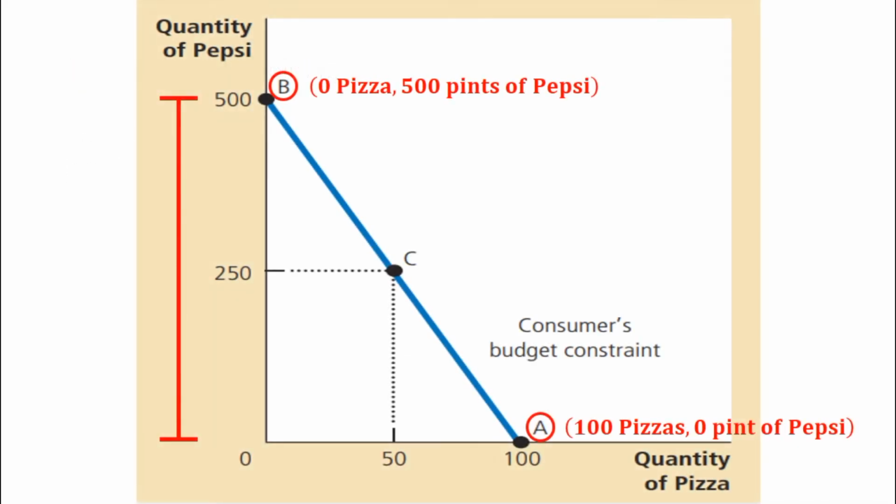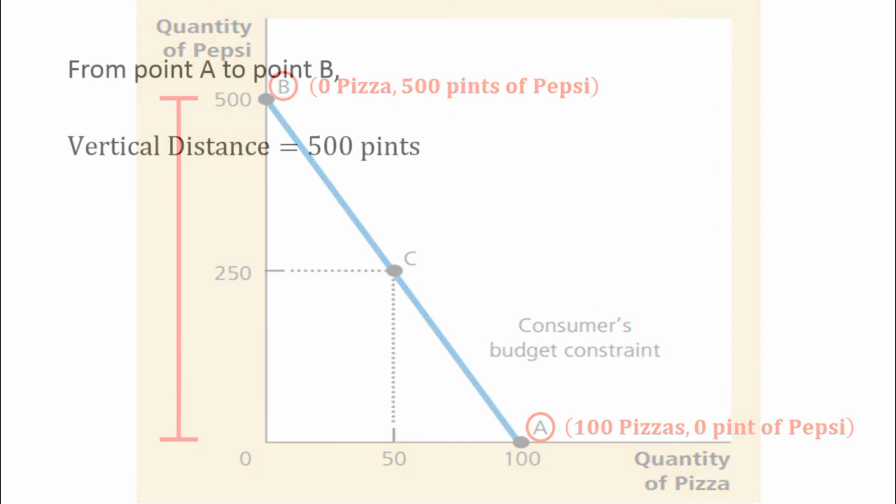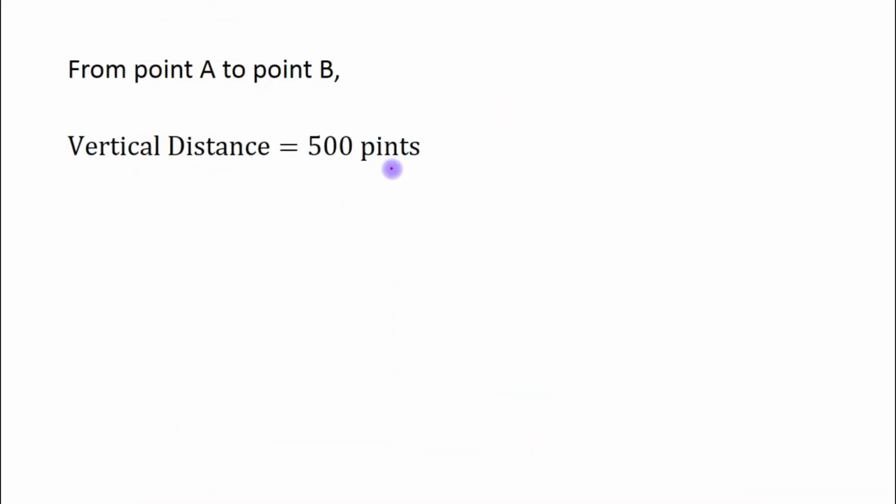If we consider from point A to point B, so if we are moving from point A to point B, then we are moving from 0 pints of Pepsi to 500 pints of Pepsi. So there is a positive change and we will write it as vertical distance equals 500 pints.